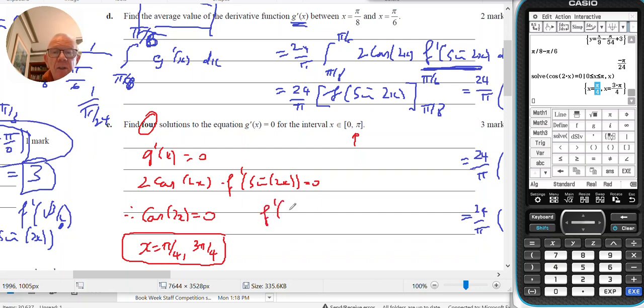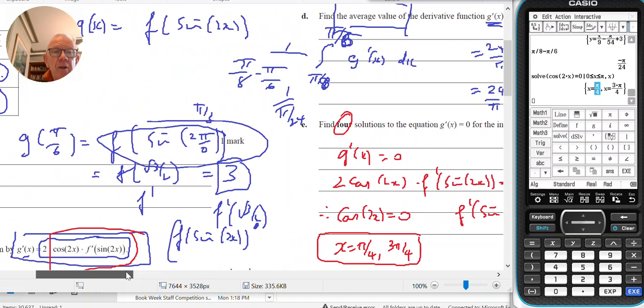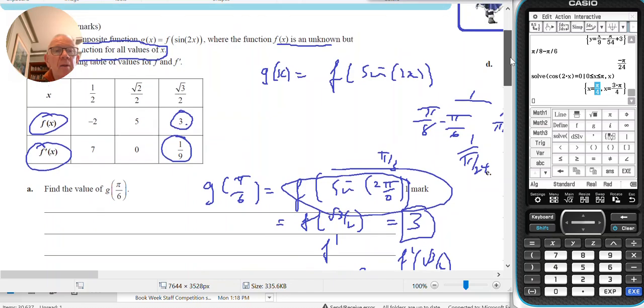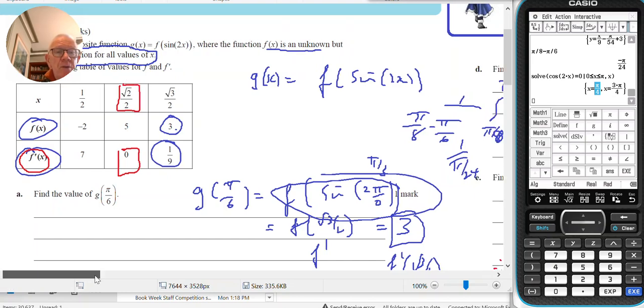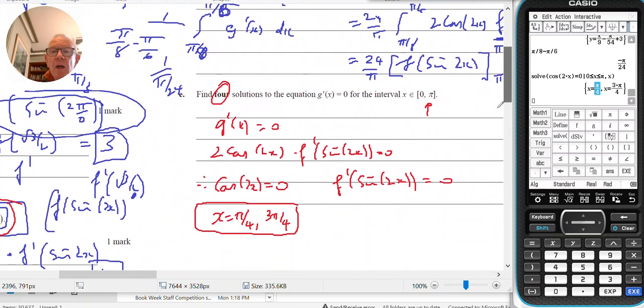Or f dash of the sine of 2x equals 0. Now I know from this table that f dash of x equals 0 when x equals root 2 on 2. So when sine of 2x equals root 2 on 2, then I will have f dash of root 2 on 2 equaling 0, and that is correct.